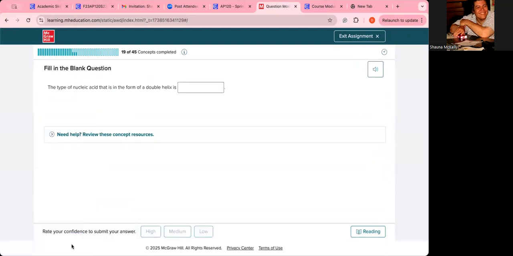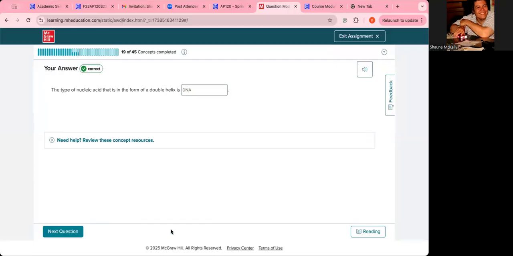The type of nucleic acid that is in the form of a double helix is, would it be DNA? DNA, right? Good. Nice.